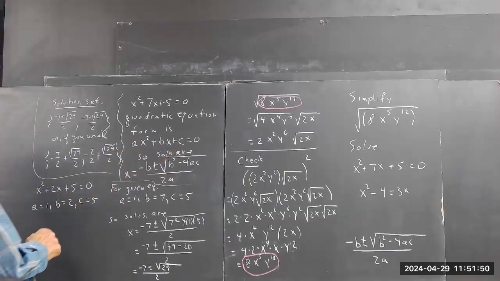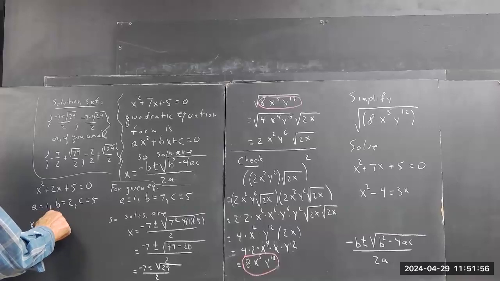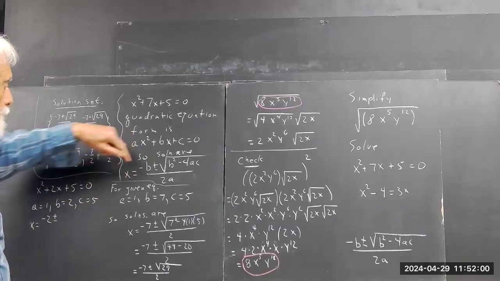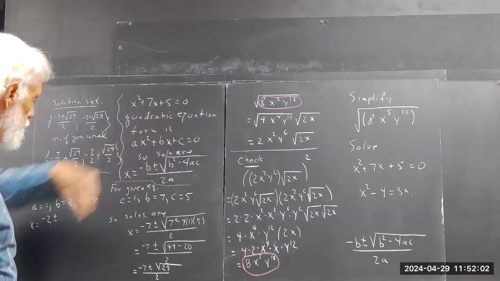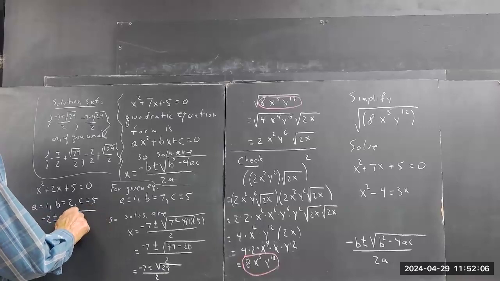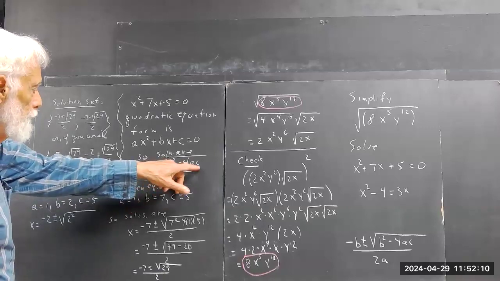So x equals negative 2. Again, it's negative b, and b is 2, so we're just putting b in here and here. That's going to be the square root of b squared, which is 2 squared, and then it's minus 4ac.